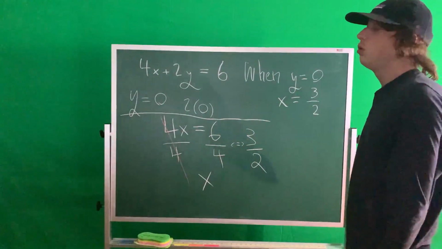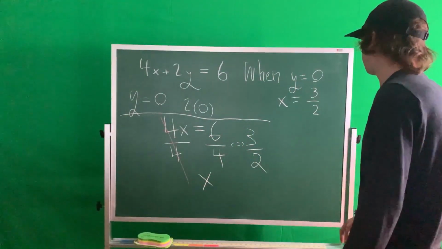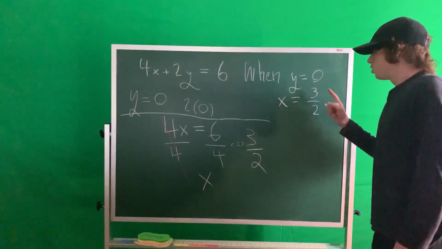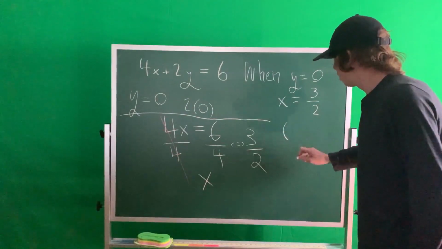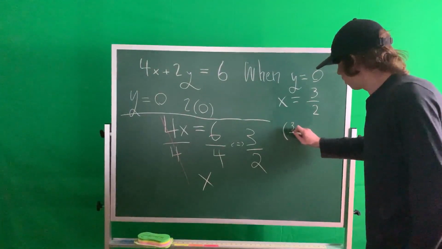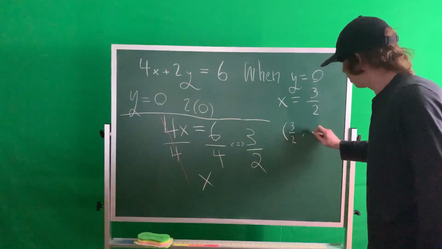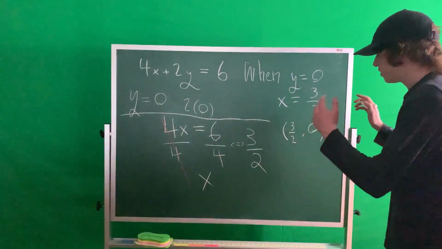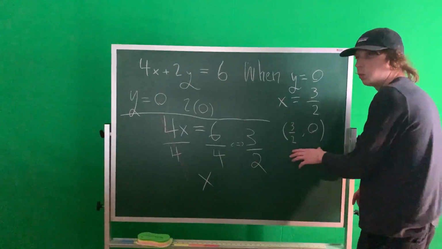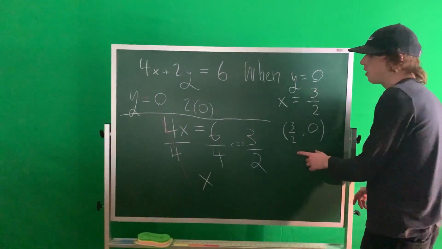Whatever makes you feel more comfortable writing. I like 3 over 2. That can also be expressed as a point on the graph: (3/2, 0) in parentheses. This is how we would express a point on a graph.